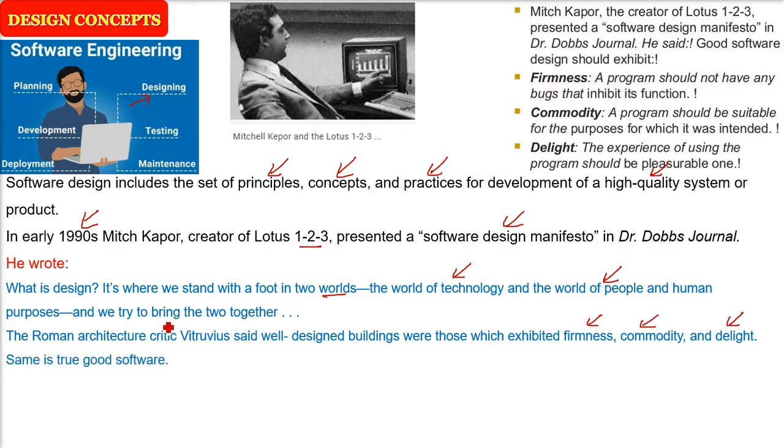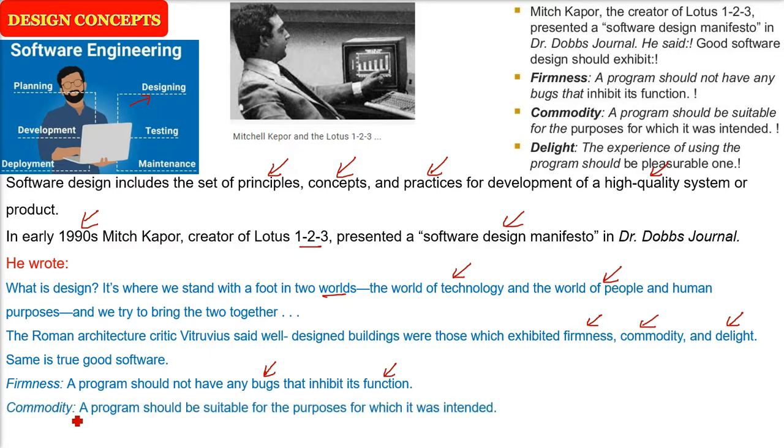He said the same thing is true of good software. Firmness is all about errors and bugs. The program should not have any bugs that will inhibit the functionality. Commodity means that it should be used for the purpose it was developed for.